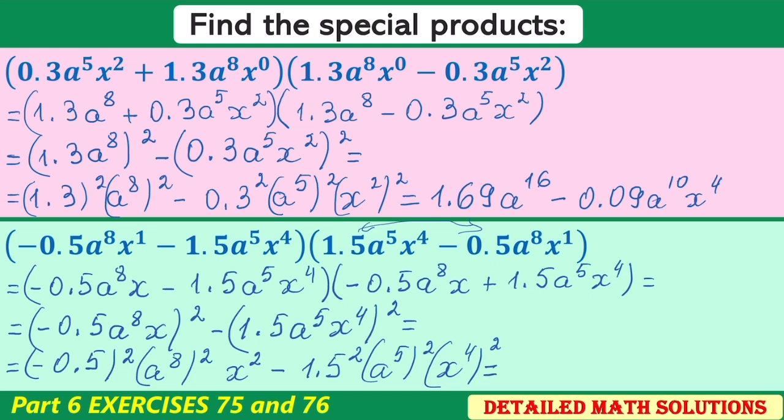This equals 0.25 a to the 16th power x squared minus 2.25 a to the 10th power x to the 8th power.